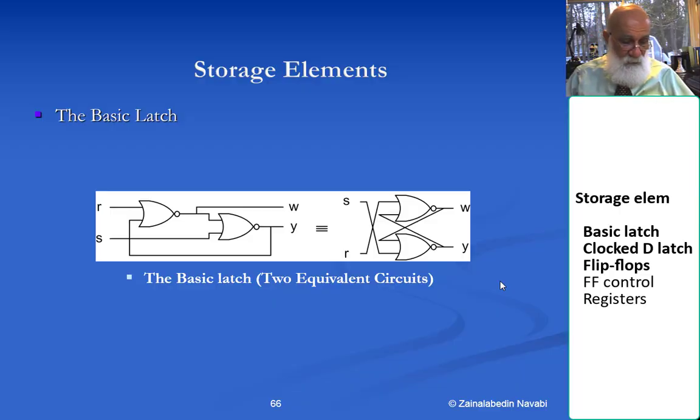I'm putting together two NOR gates, and look on the left. What you are seeing is one NOR gate having a feedback through the input of the other NOR gate, and actually this feedback is what causes the memory in this component. Why do I say that?